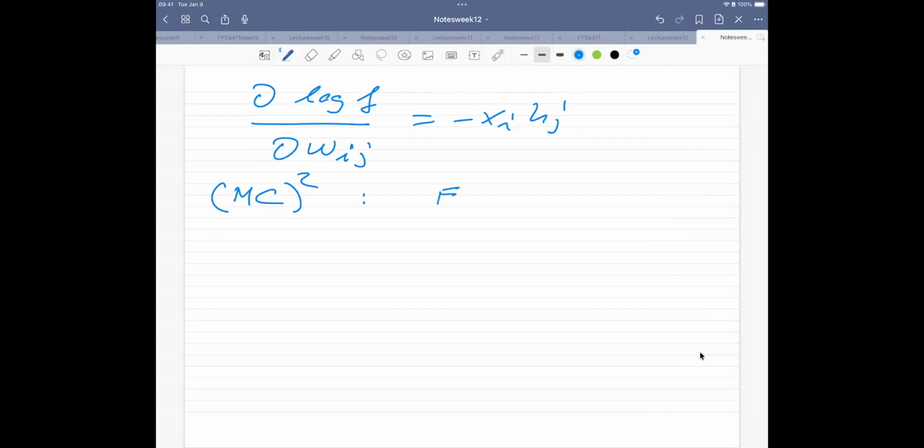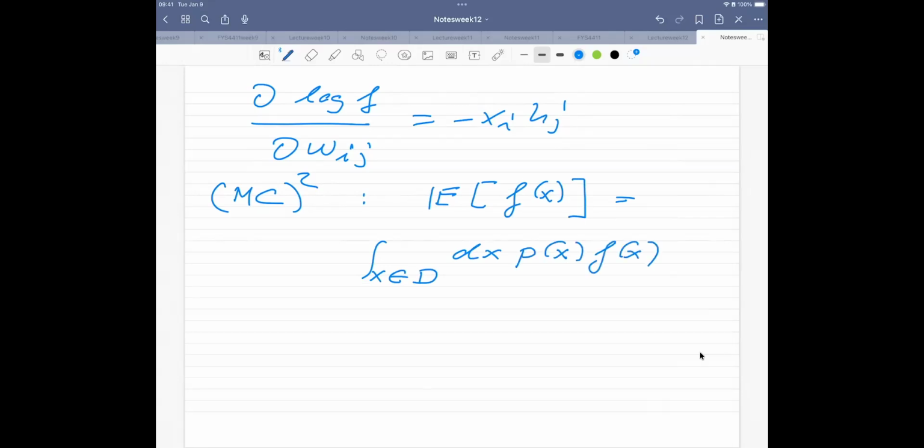Let's just write this in very generic terms, an expectation value of a function, let's call it f of x. If we think of a continuous distribution, then this expectation value is nothing but an integral over a given domain for the x values, dx, of the probability distribution p of x times f of x.